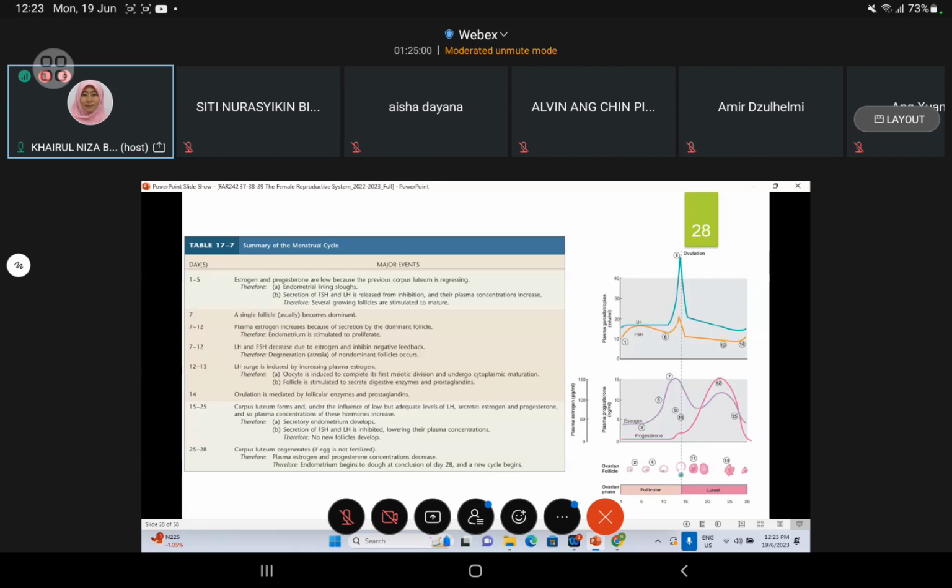It reaches its peak level. And this peak level, instead of having a negative feedback effect on LH and FSH, instead has a positive feedback effect, because LH and FSH are very important to assist ovulation to occur, and then also in assisting the formation of the corpus luteum.